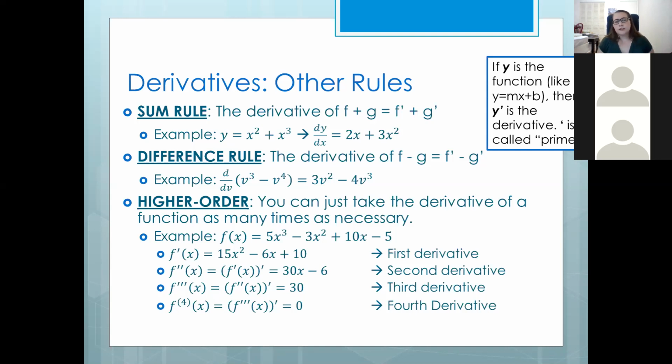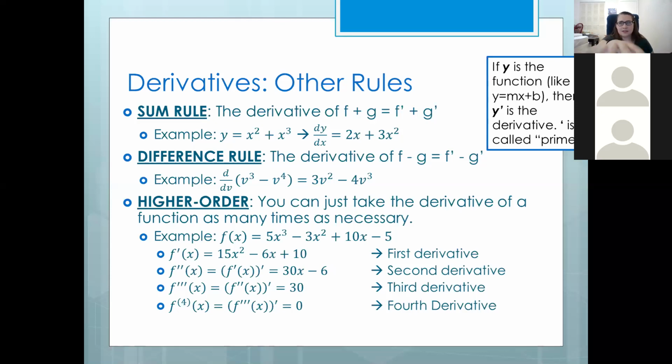We won't really use a third derivative or fourth derivative, although we did last week go through that series of terminology. So you have position, velocity, acceleration, jerk, snap, crackle, pop, right? Those are all of the names of the different derivatives.